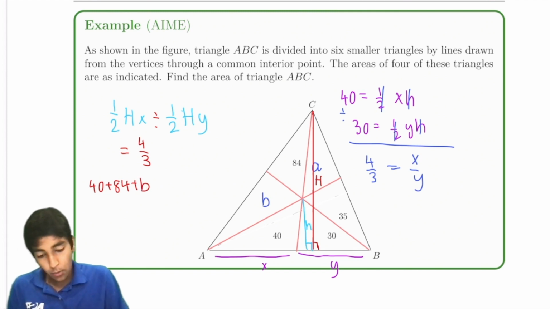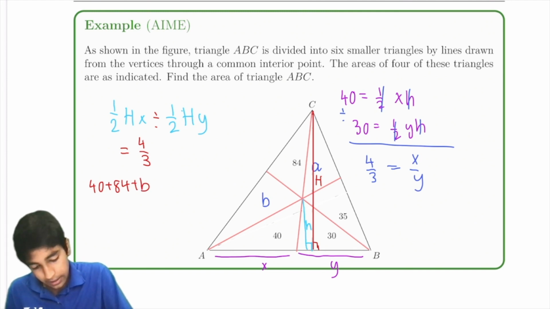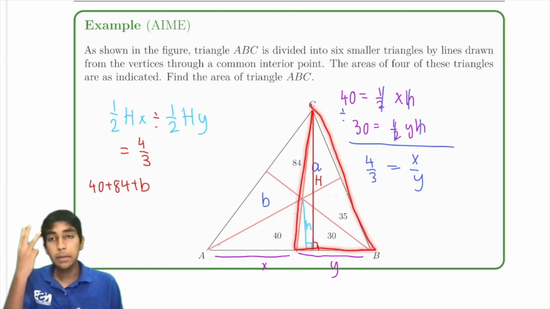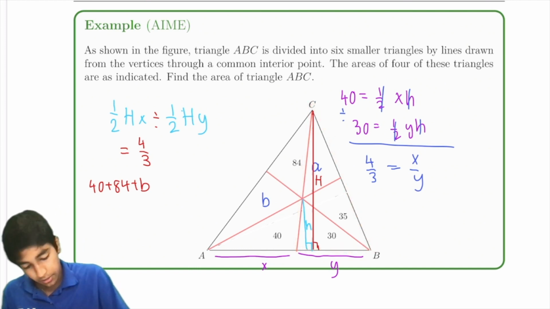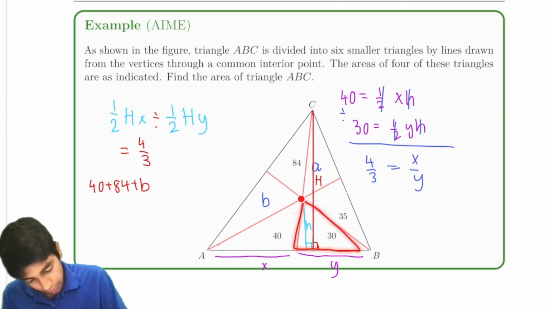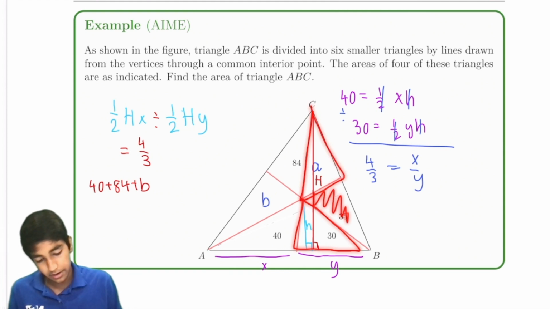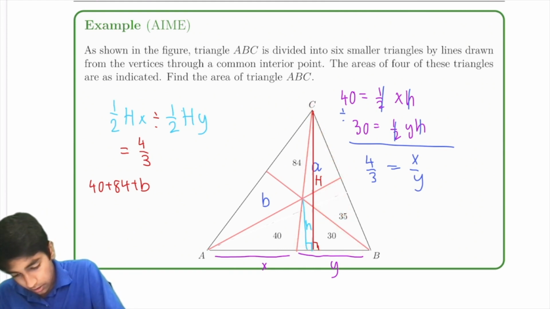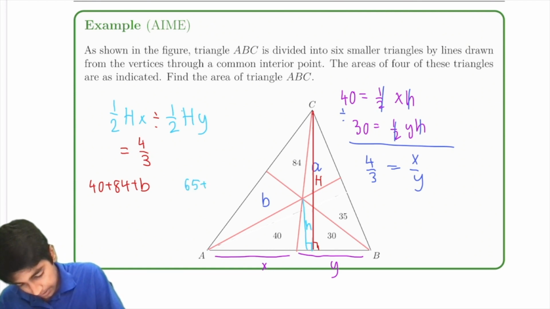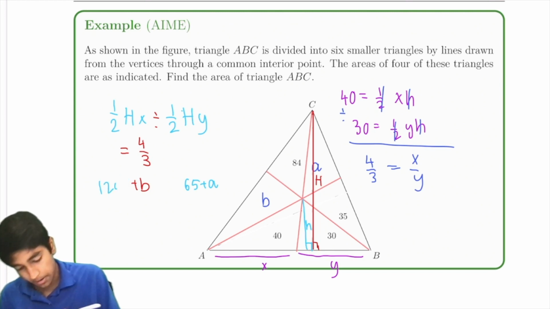What about 1/2 big HY? That's this triangle over here. It's made up of 3 pieces: the 30 one, the 35 one, and the A one. Remember we defined that earlier. So that's going to be 65 plus a. And 1/2 big Hx is 124 plus b.